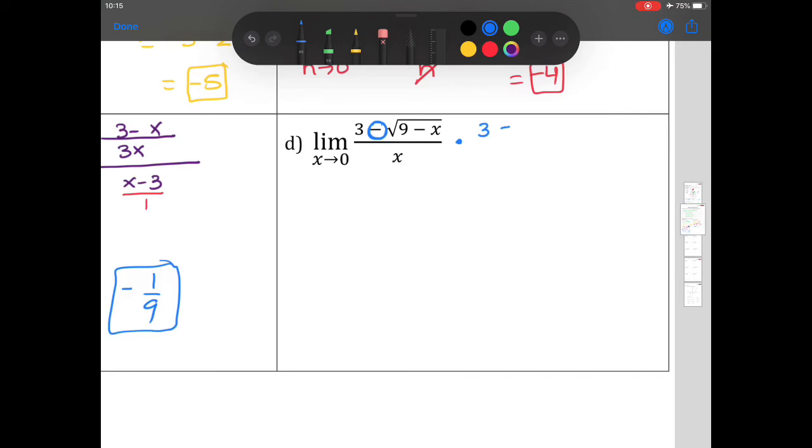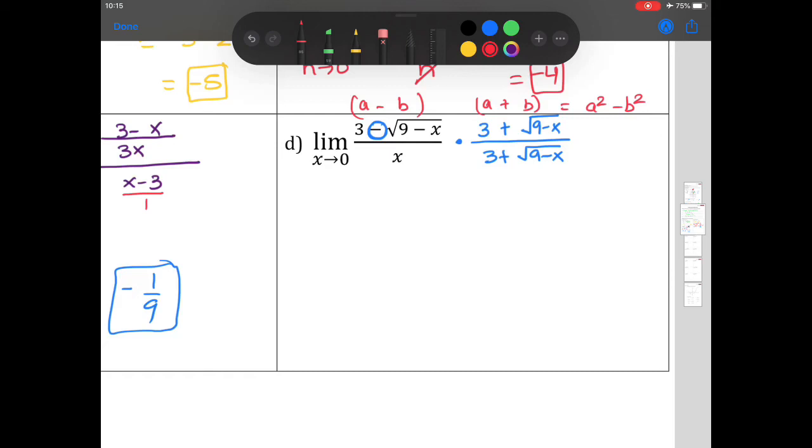You multiply and divide by the conjugate, over 3. It's the same terms, but you switch the sign. Isn't this a minus b and this a plus b? What is a minus b times a plus b? It is a squared minus b squared. That's what we're going to do.